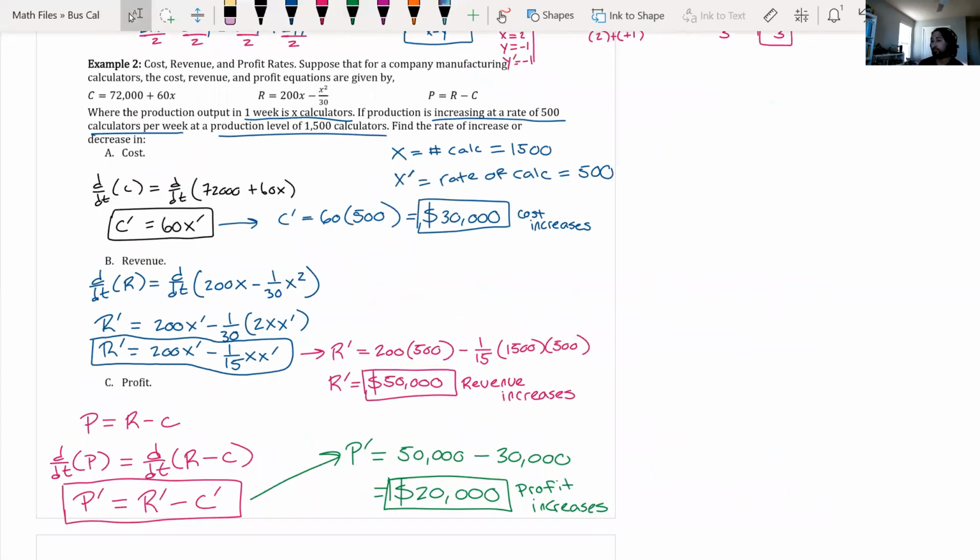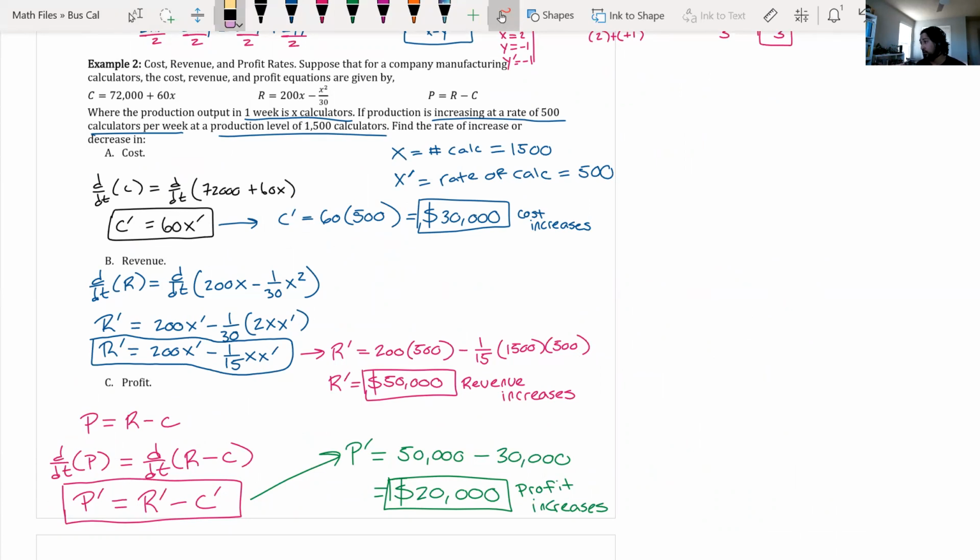That wasn't too bad. Any questions on that one? That's 500 additional calculators on top of their 1,500. Exactly. So production is X calculators per week.